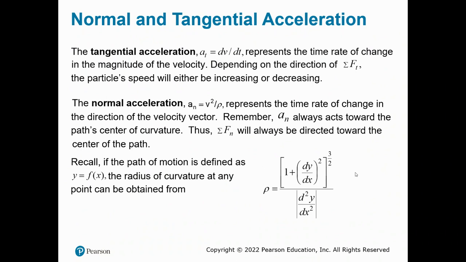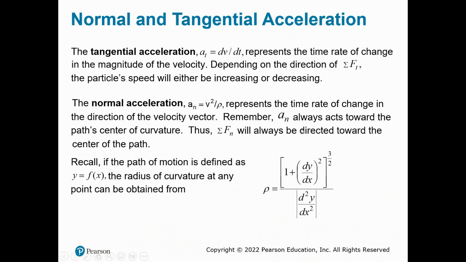For normal and tangent acceleration, the tangent acceleration deals with the rate of change of the magnitude of the velocity. Normal acceleration an equals v squared over rho, where rho stands for the radius of curvature.